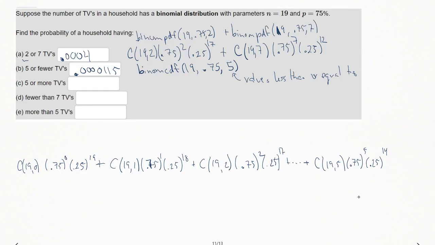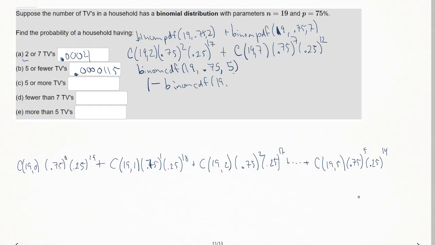Okay, so 5 or more TVs. Notice that last entry is values less than or equal to in our calculator. We can't do 5 or more with the calculator, so the way to fix it is we'll do 4 or less and subtract that from 1. So this is binom CDF. Using our probability rules, we'll do 19, 0.75, 4, and punch that in.